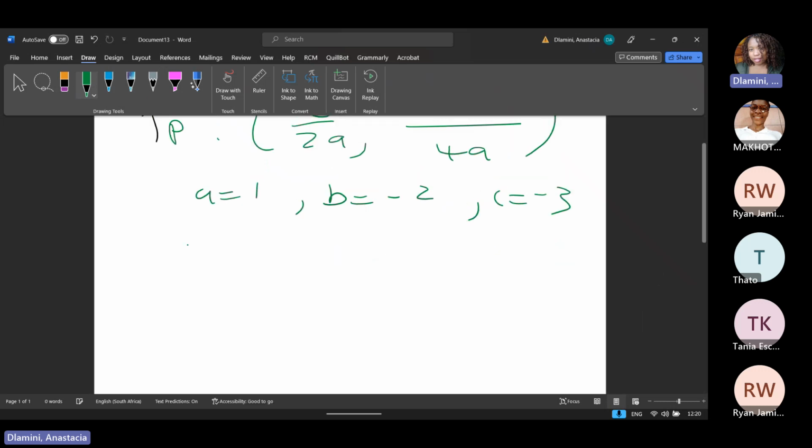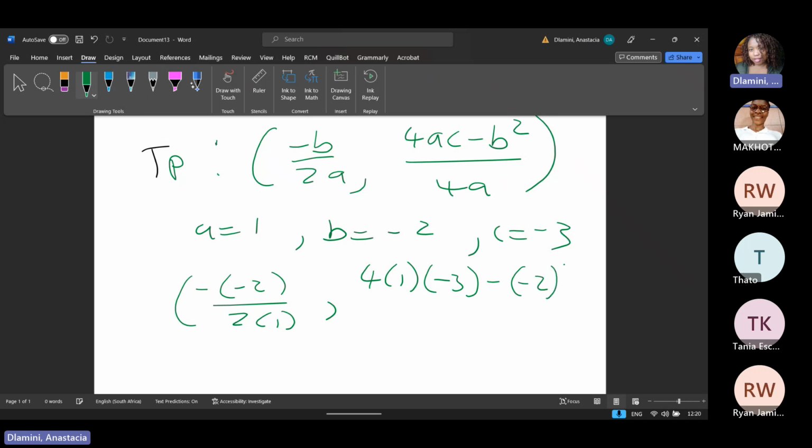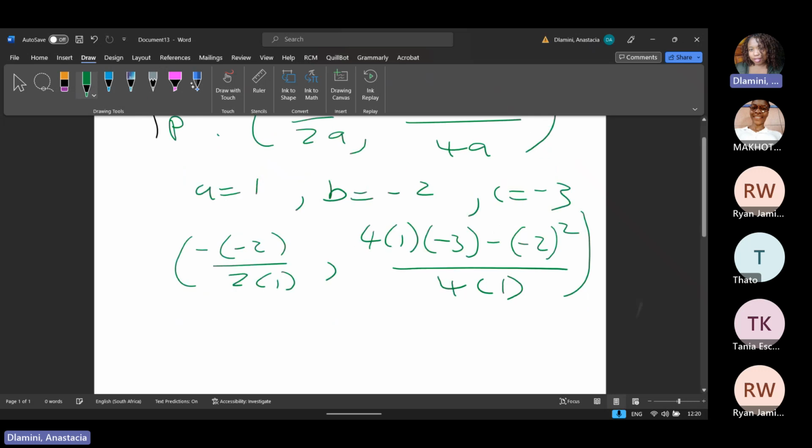So then let's substitute. Minus b, so that's minus -2, over 2 times 1, comma, 4 times a which is 1, times c which is -3, minus b squared, which is -2 squared, over 4 times 1.